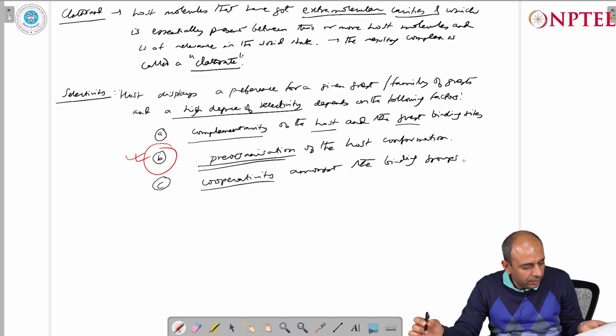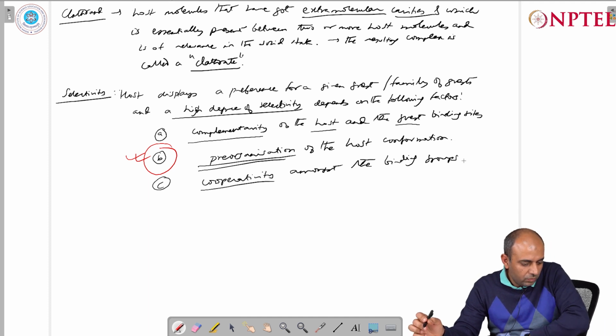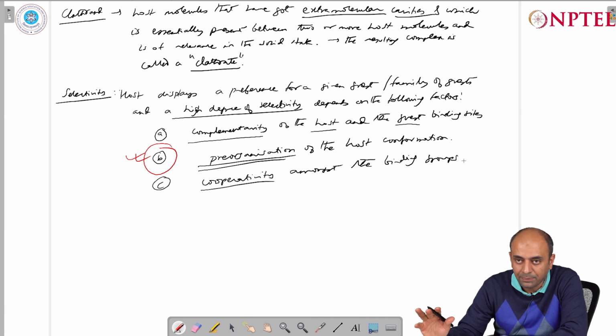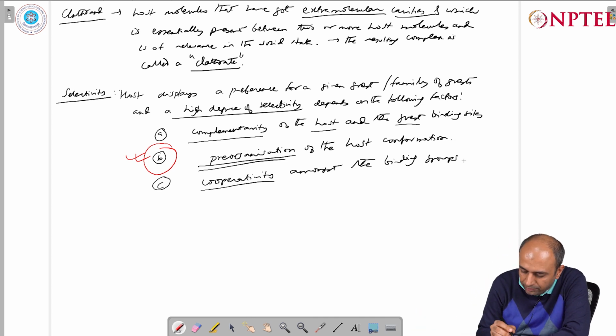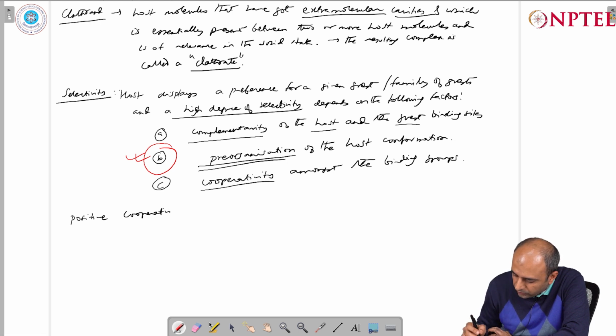And in this regard, we will have two types of cooperativity. We can have positive cooperativity, we can have negative cooperativity.